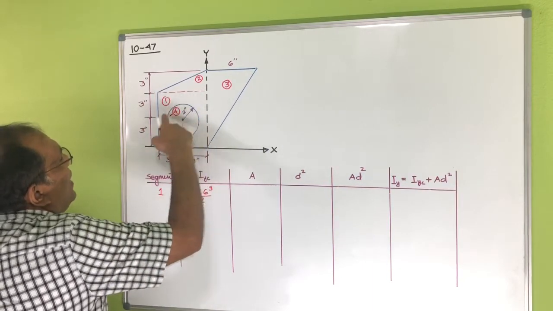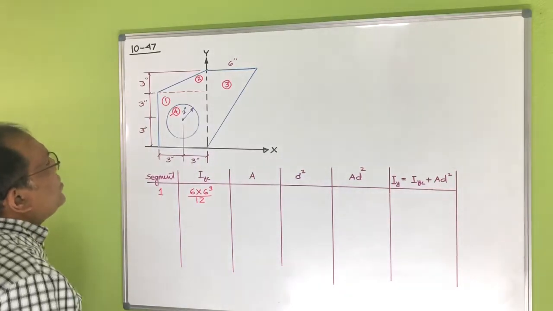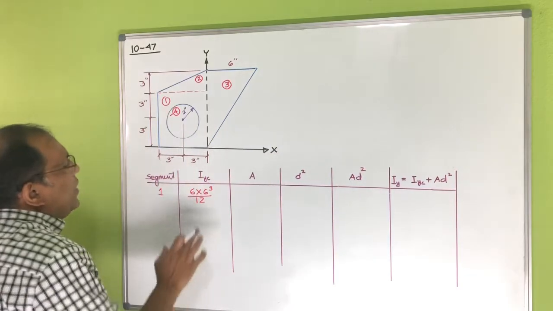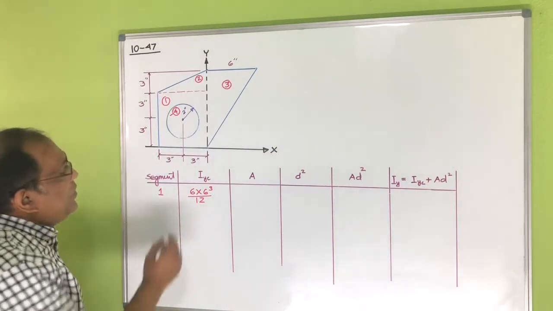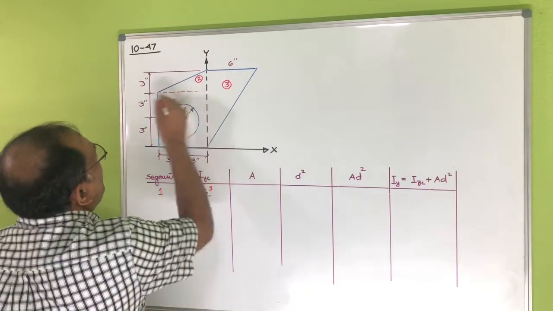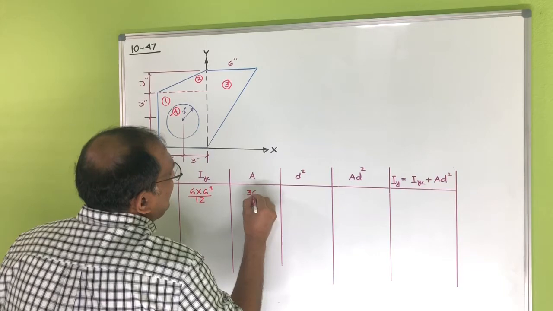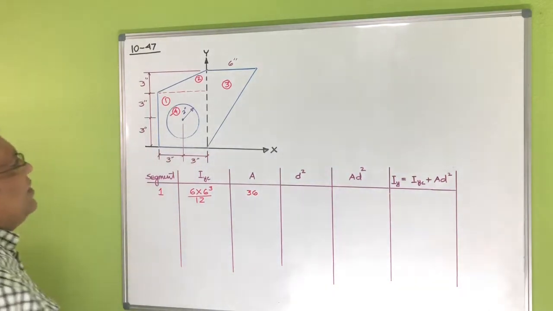Then I'll subtract that one later on. So for the y-axis, it's HB cubed by 12. Here it is 6, so this is 6 cubed divided by 12. The area of this one is basically 36, right? 6 into 6 is 36. What is my D?